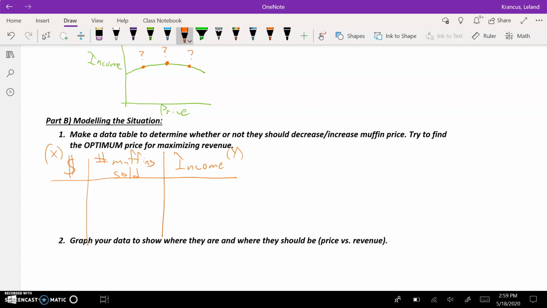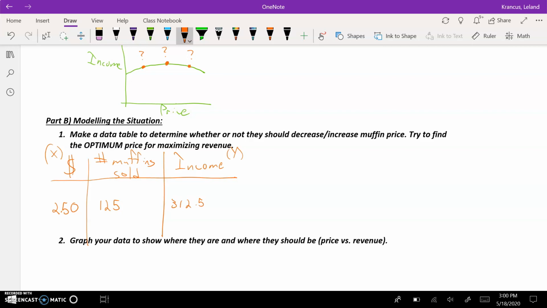And so right now, we don't know if we're at the low end of the price or at the high end of the price or right in the middle. Safe to put it right in the middle. So right now, we know they're selling them for $2.50 and they've been selling 125 muffins per week, you could do a little math. You could figure out what their income is. It ends up being $312.50.